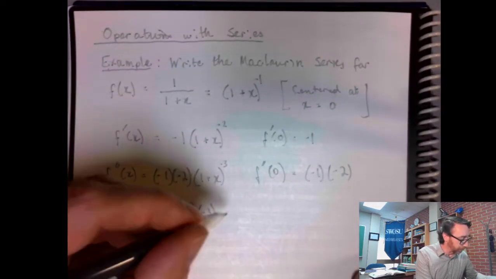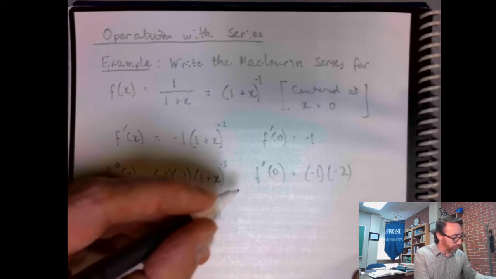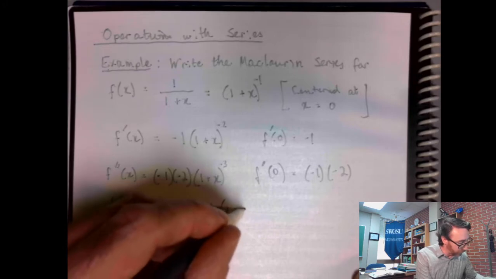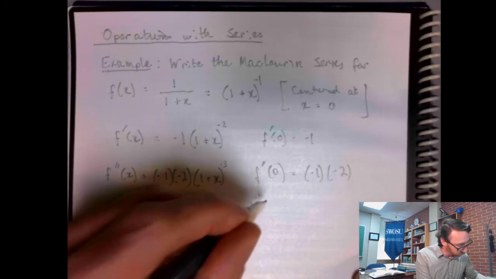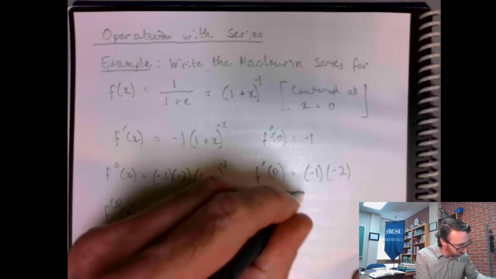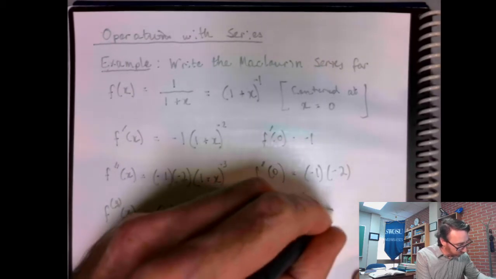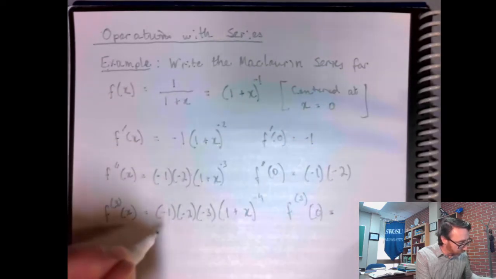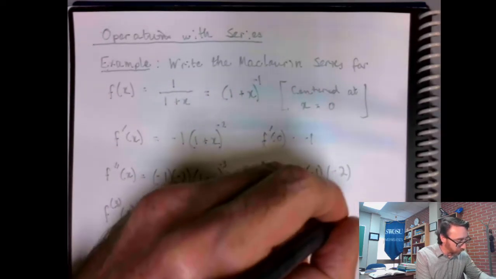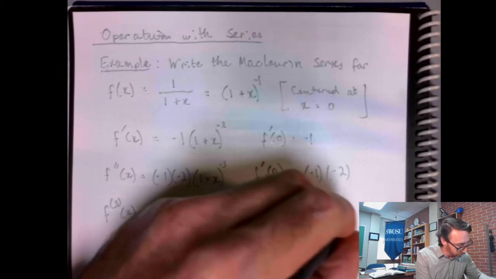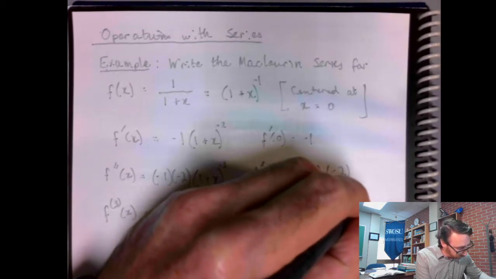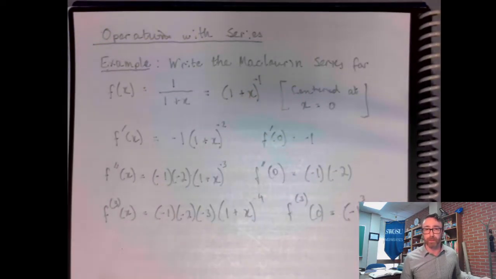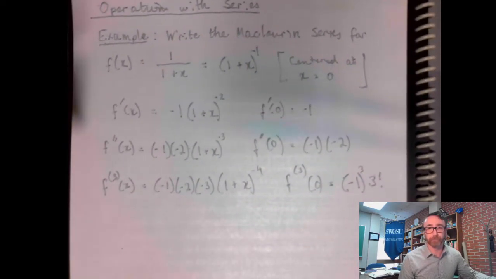I was kind of halfway through differentiating this, so we're taking the third derivative, exponent comes down, new exponent is 1 less, so the third derivative evaluated at 0 is actually negative 3 times negative 2 times negative 1. I'm almost thinking of it like this: it's negative 1 to the 3 times 3 factorial, kind of in the way there.